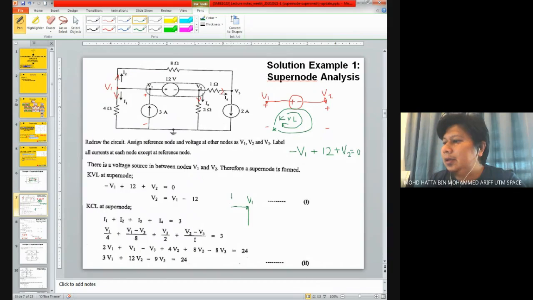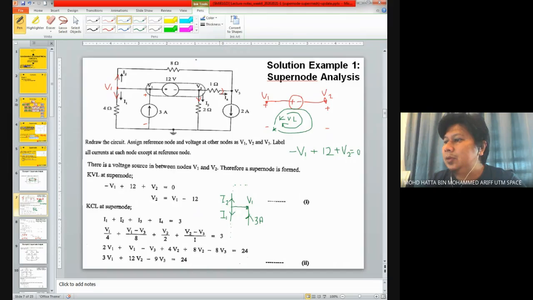Maybe I have resistors here, and I have a 3 ampere current over here, and a current that I labeled I1 previously, and I2 flowing upwards from V1.